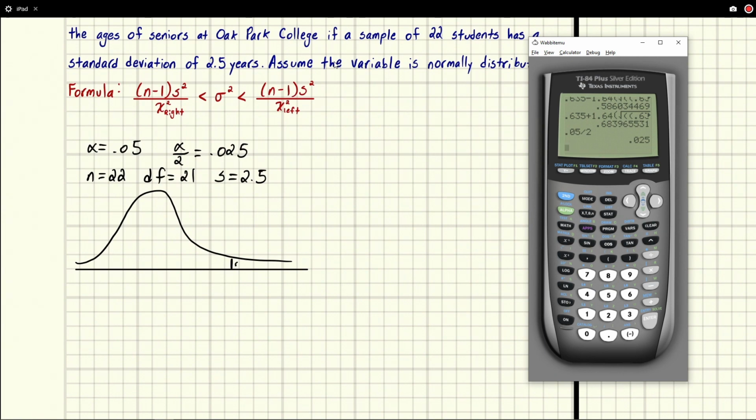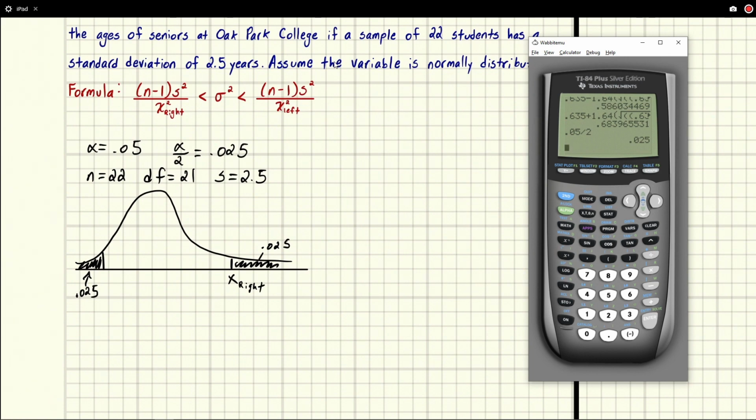So there's a tail up here with 0.025 on it, and a tail down here with 0.025 on it. And the distributions always shade right. So when you look up 0.025 in the chi-squared table, it's actually going to be the value that goes here. So you're going to get this one, and this one is on the right. So this is chi right.